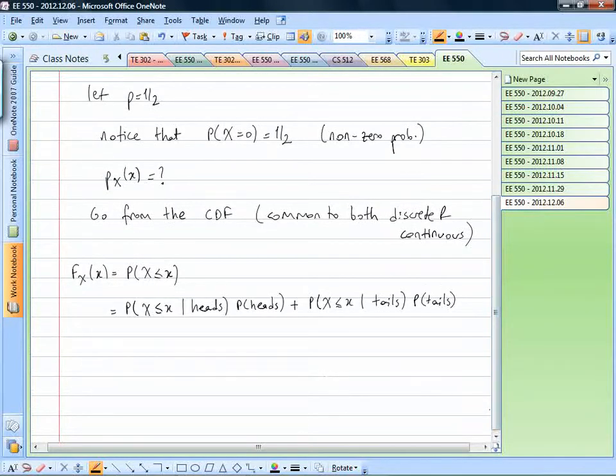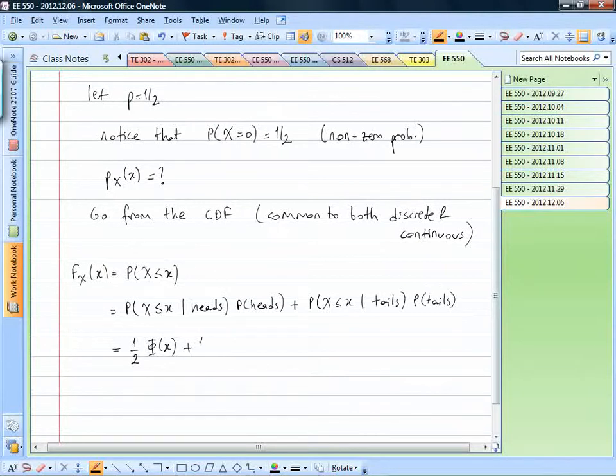The heads part is Gaussian, so we get 1 over 2 phi of x. Remember, phi of x was the CDF of a Gaussian.